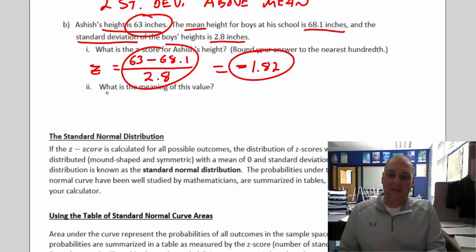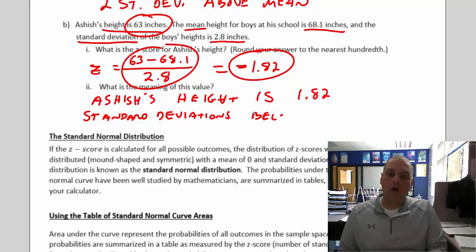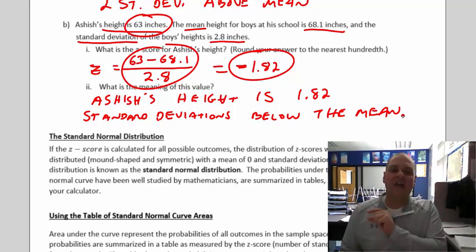So Ashish's height is 1.82 standard deviations below the average. We'll call it the mean, right? So he has 1.82 standard deviations below the average. So almost 2 deviations below.